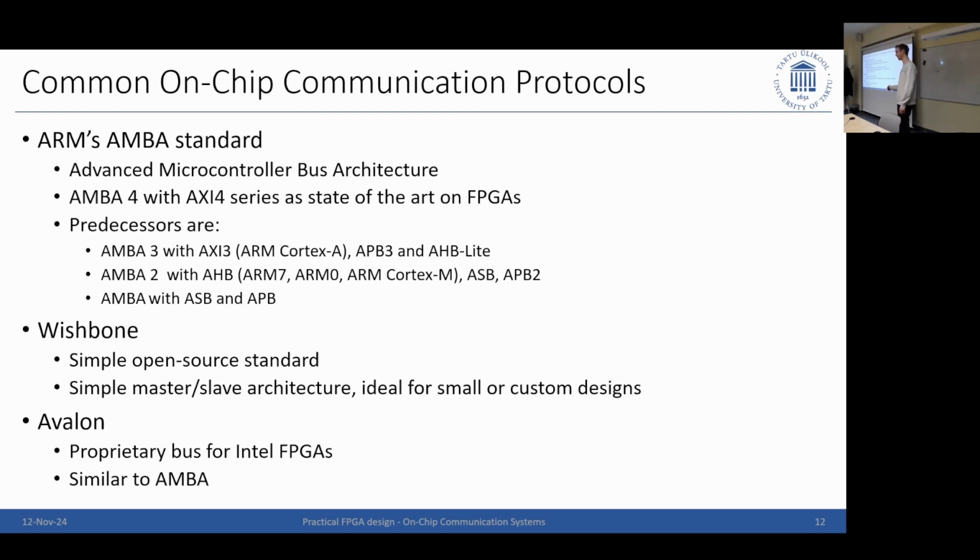I always avoided it and went to Umber standards. That's just Intel FPGA, and a proprietary one like ARM, but much less used, much less open. Just a fun fact, this is not actually Intel. This comes from Altera times. It was something which Intel bought in when they bought Altera back then, and it's not because Intel didn't like Axie.